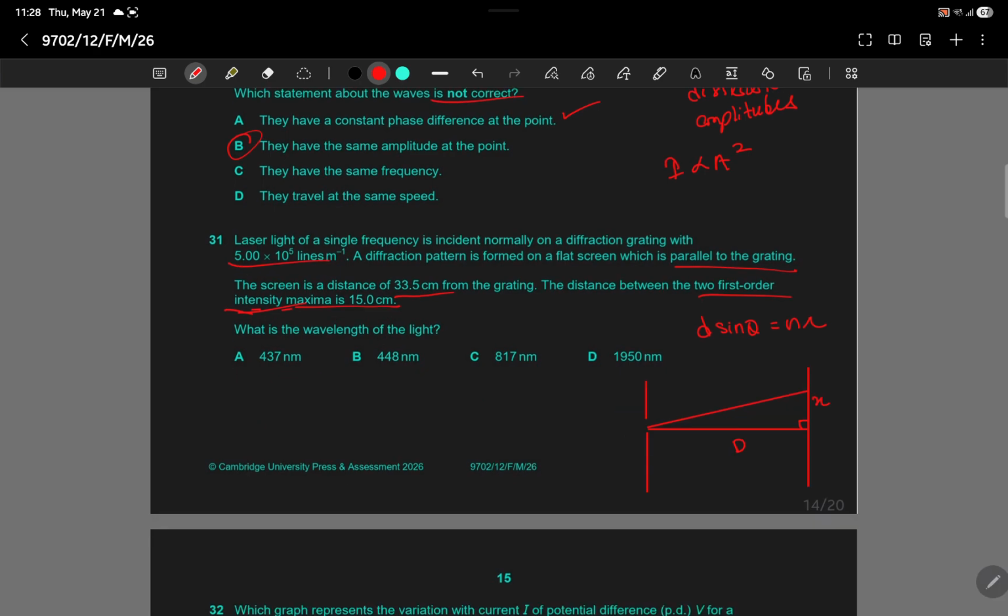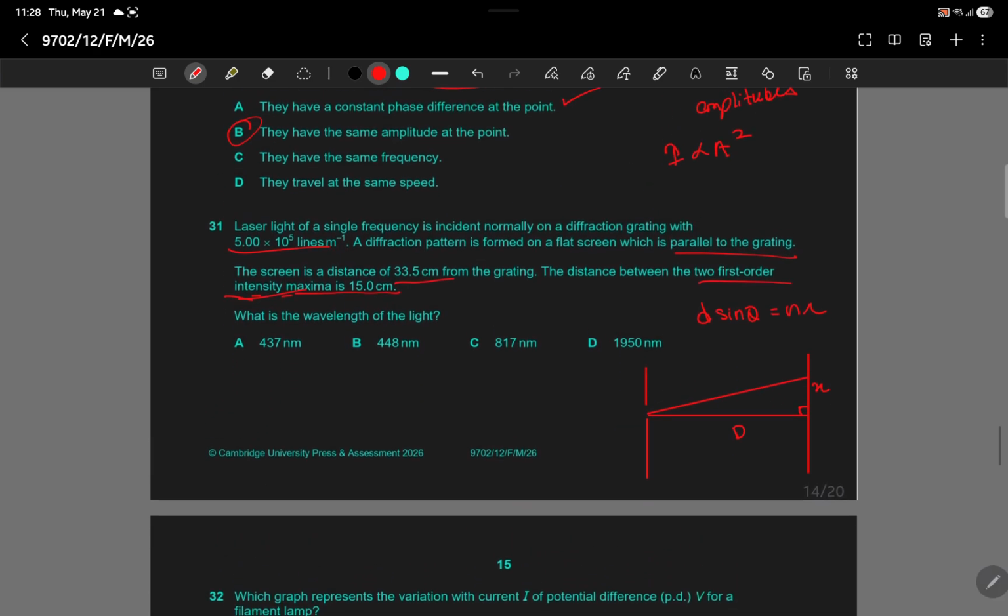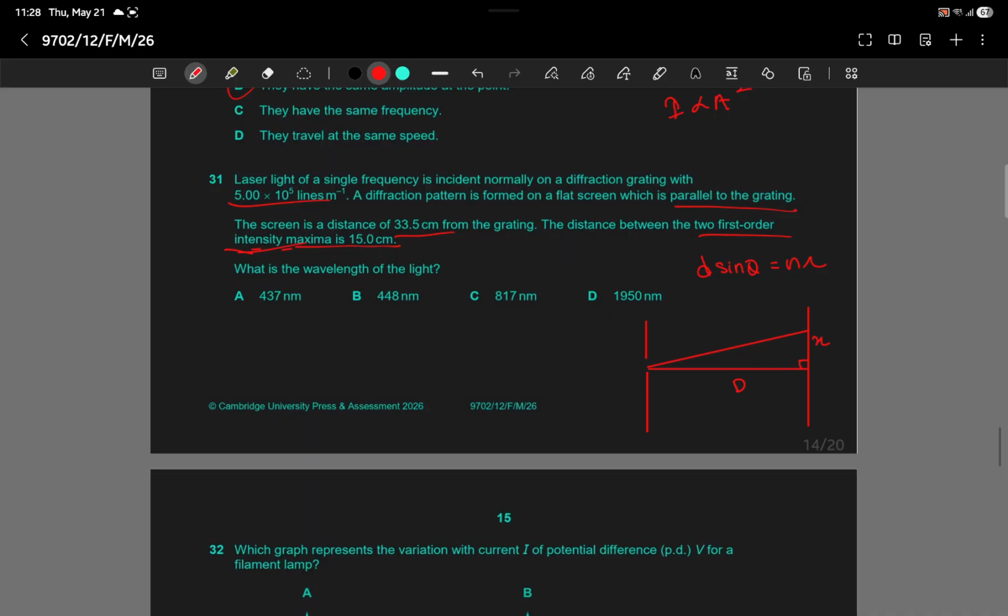Okay, so this question is actually a bit more tricky than it seems. The first part that we figured out was 1 by n, and we figured out that d is 2 into 10 to the power minus 6 meters.